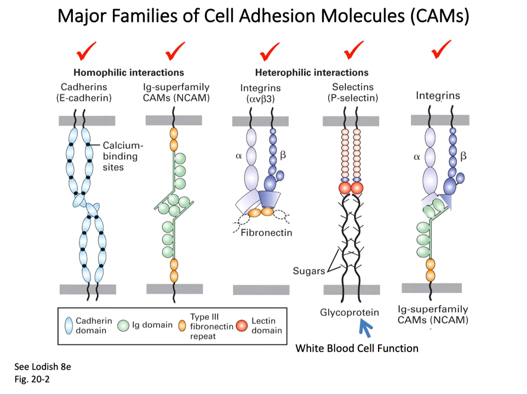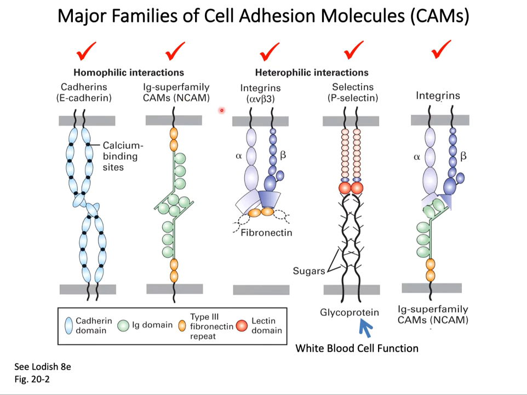So this slide shows two examples of homophilic interactions and two examples of heterophilic interaction. For example, the transmembrane linker protein cadherin participates in homophilic interactions with cadherins on a neighboring cell. There's another family of cell adhesion molecules, the immunoglobulin superfamily of cell adhesion molecules, or CAMs.